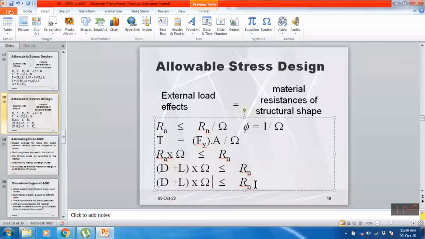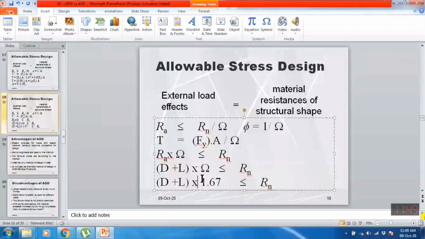It means that if I open up the bracket, both dead load and live load are being increased by 67%. So it is unnatural. Unnatural means that we are increasing the dead load and live load by the same factor, which is not realistic.